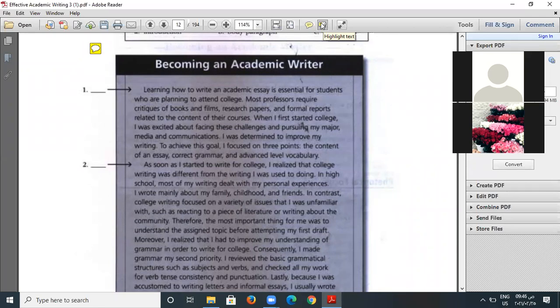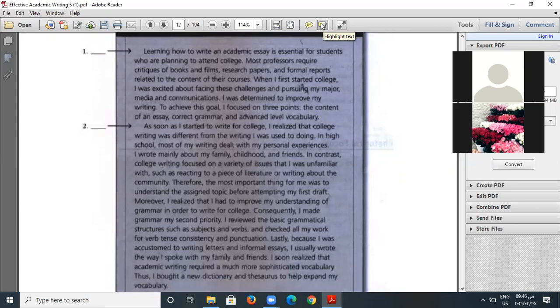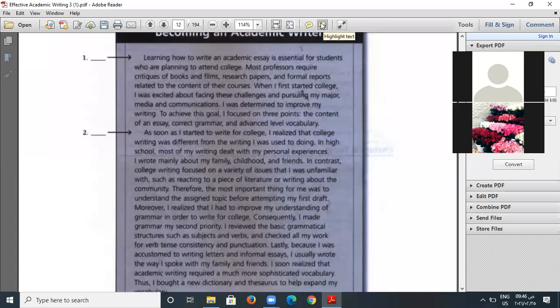Consequently, I made grammar my second priority. I reviewed the basic grammatical structure, such as subject and verbs, and checked all my work for verb tense consistency and punctuation. Lastly, because I was accustomed to writing letters and informal essays, I usually wrote the way I spoke with my family and friends.